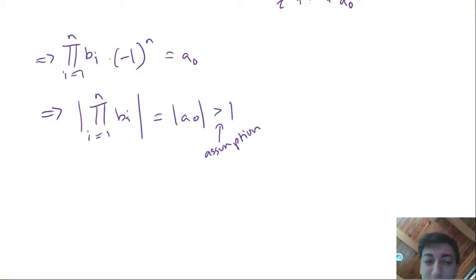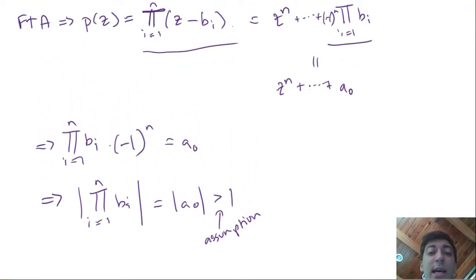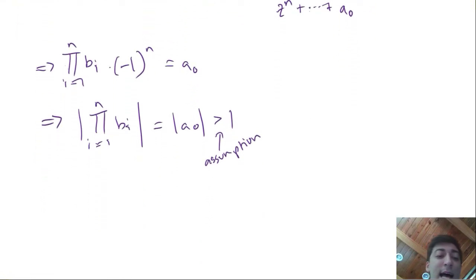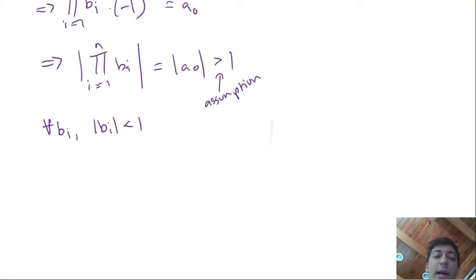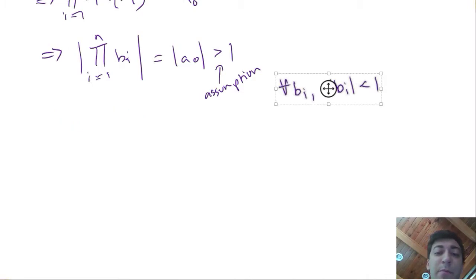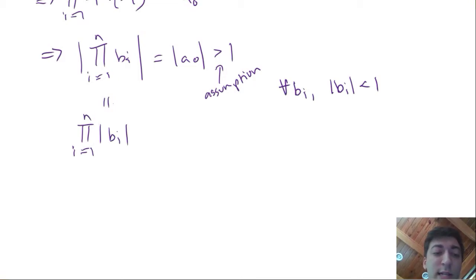And down here, this product of the b_i's, well, we just assumed by way of contradiction that P of z has no zeros outside the disk, which means that for all b_i, the absolute value of b_i is strictly less than 1. Well, hang on. We're starting to get perhaps the makings of a contradiction here. And maybe you already see it, but I'll just write it out for you. We can bring this in because this is multiplicative, and it's just the same 1 to n here.